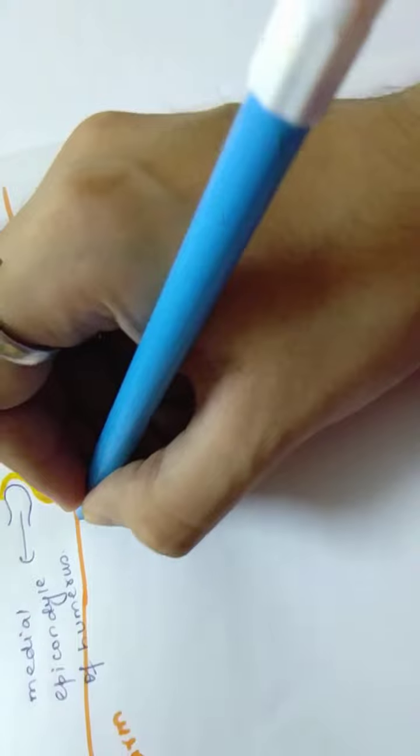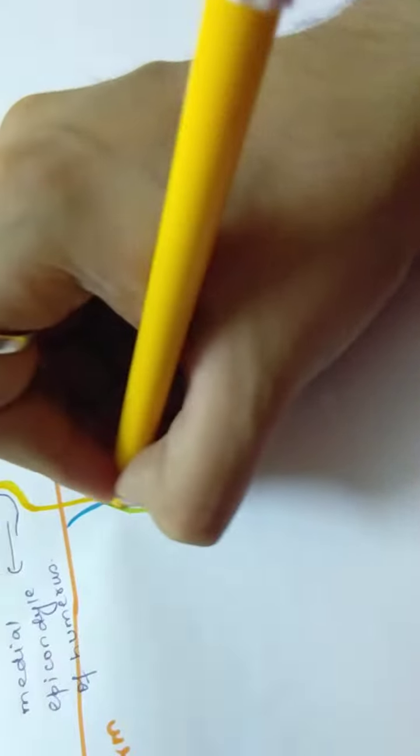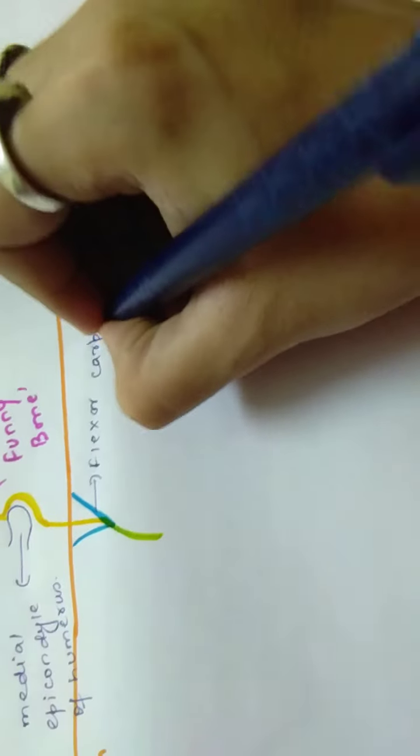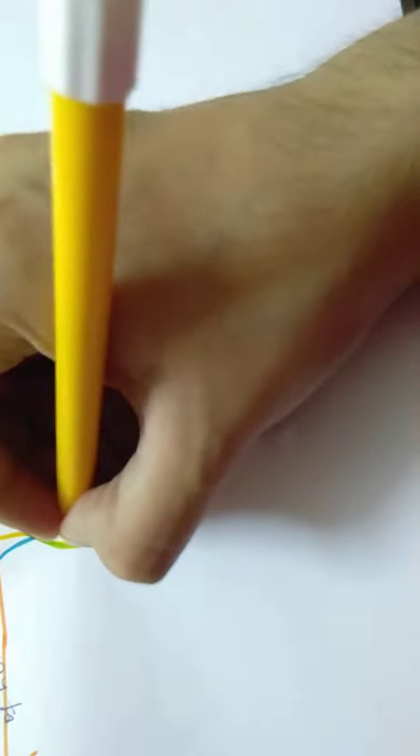If you consider this as two heads of a muscle, the ulnar nerve lies in between and it passes in between the muscle. Now a question may arise, what is this muscle? This is flexor carpi ulnaris. Okay, and now after it passes through the heads, it descends.